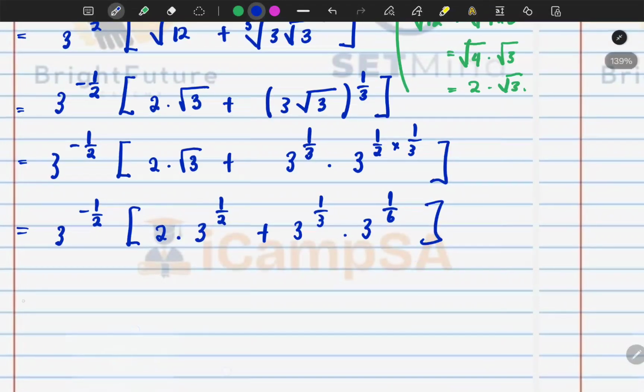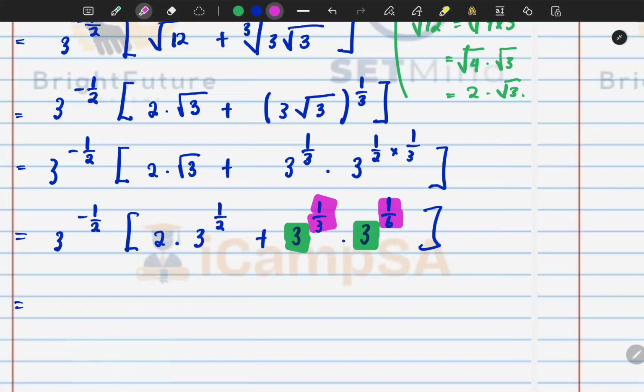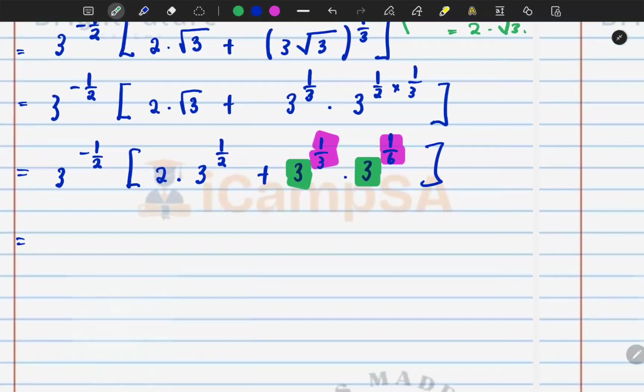Now what we have here, if you look properly, you have the same bases, and that means you can add the exponents.